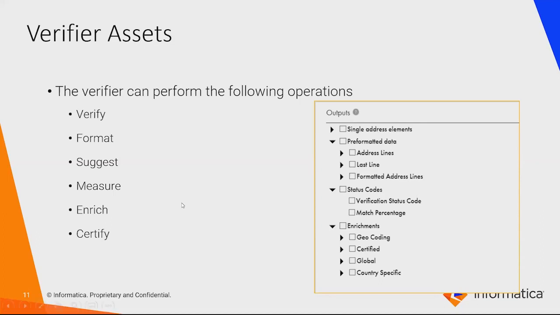It can give you the match percentage and all, and enrichment and certification you can also do through the verifier assets. So with our verifier assets, specifically for address, you get tons of features, almost whole world address coverage, out of the box. These are different outputs that I'm trying to show here, in the format and all that.